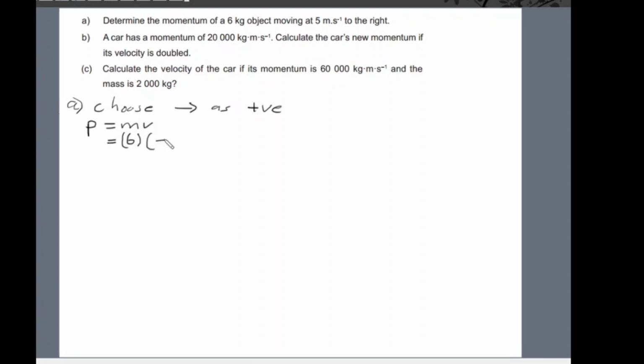Because we chose the direction to the right, we say times positive 5. Even if we don't write the plus there, okay, times positive 5.